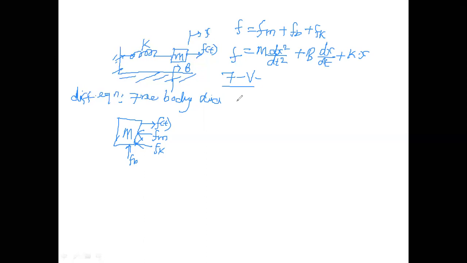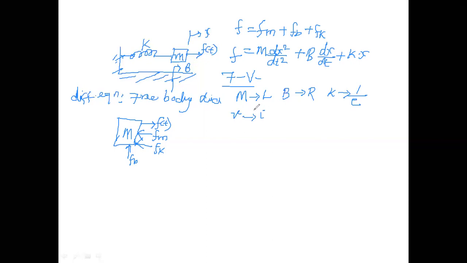The mass element is replaced with the inductor L, right? Similarly B is replaced with the resistance R, and K is replaced with 1 by C, the inverse of the capacitance. Similarly, the velocity is replaced with the current I.